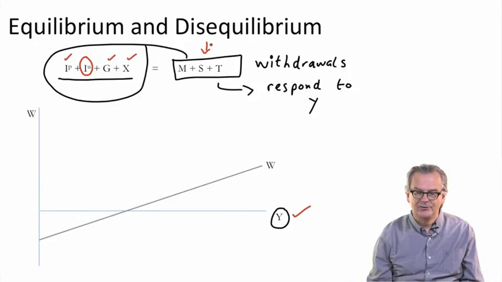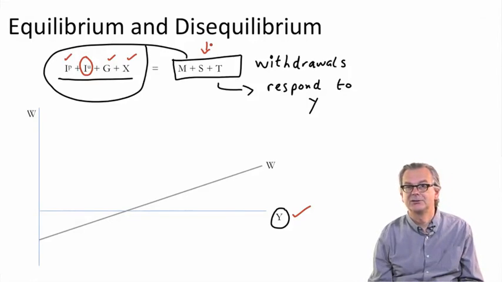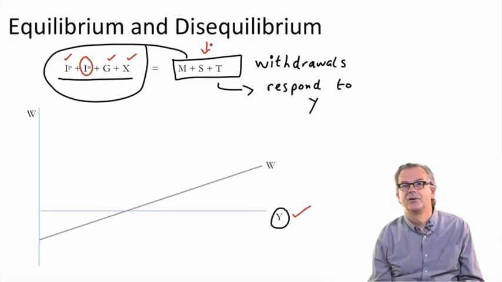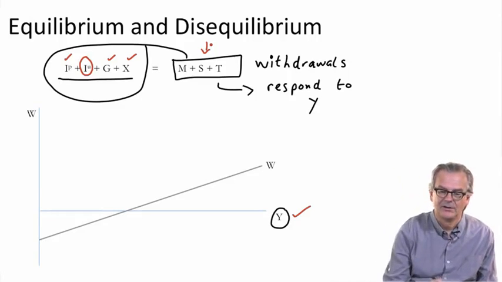It's useful for us if we go back and think carefully about the concept of equilibrium. Because equilibrium, at a very fundamental level, can be thought of as a situation where there are no surprises, where firms are not experiencing either an unexpected increase or an unexpected decrease in inventories.